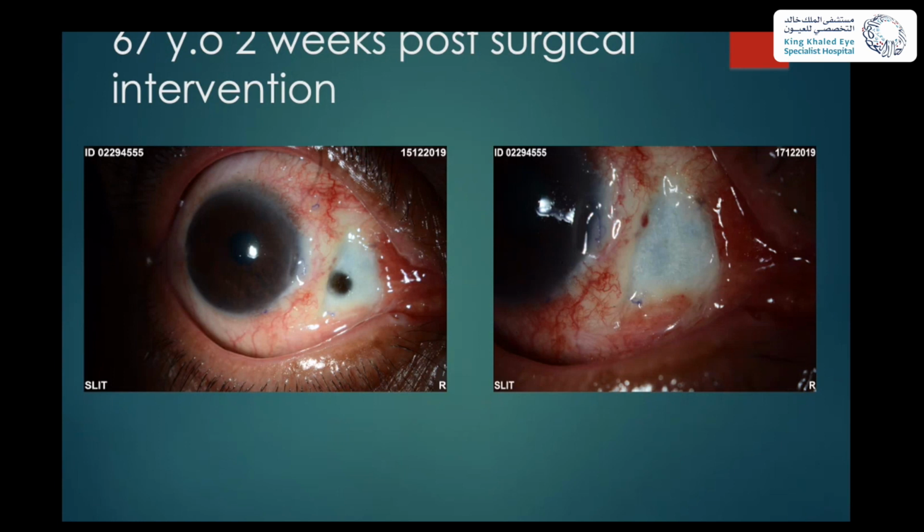Doing bare sclera with mitomycin application, I don't think is something worth the complication. Like in the thing that we know post-pterygium, if you want to do it, autograft will be the best to do. Like in mitomycin, still I have some reservation. Personally, I don't use it.